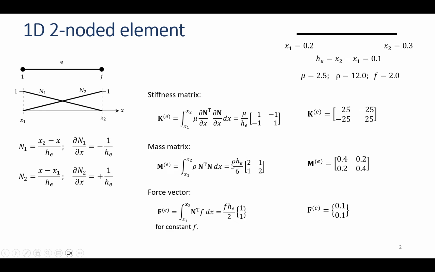And rho is 12, h is 0.1, so 1.2 by 6, 2 multiplied by 0.1, 0.2, so 0.2 times 2, 0.4, and here 0.4, and 0.2 times 1, 0.2, 0.2. F is 2, 2 by 2, 1, h is 0.1, so 0.1, 0.1. So we use this as our reference for verifying the calculations using the Gauss quadrature or numerical integration.